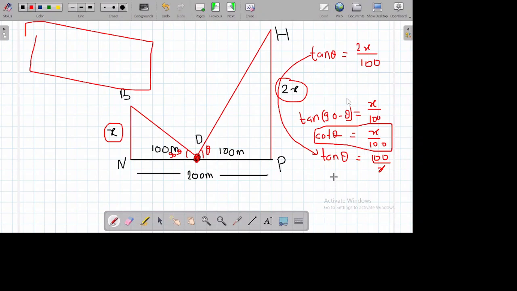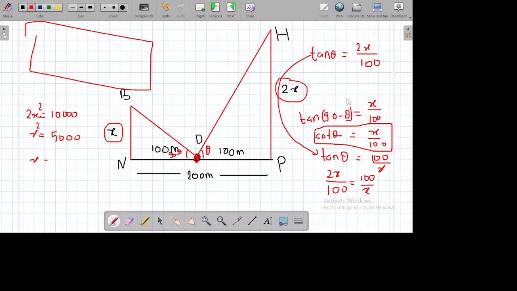So tan theta means 2x by 100. So here we can write 2x by 100 equals 100 by x. If you do cross multiply, it will be 2x square equals 10000. So x square will be 5000.